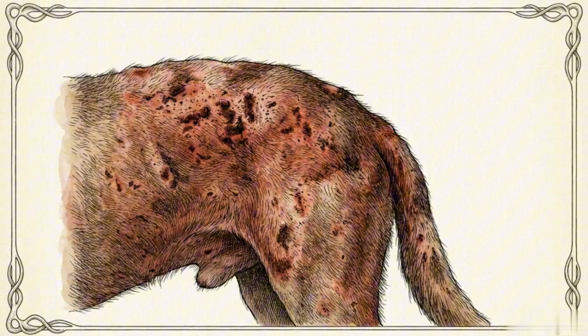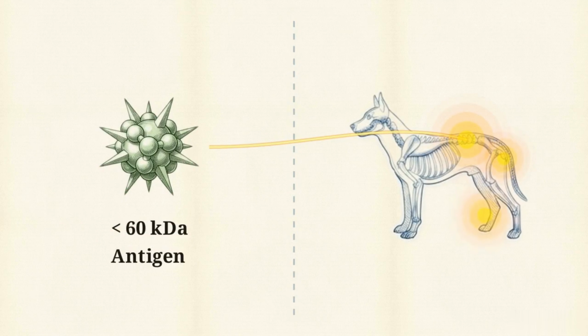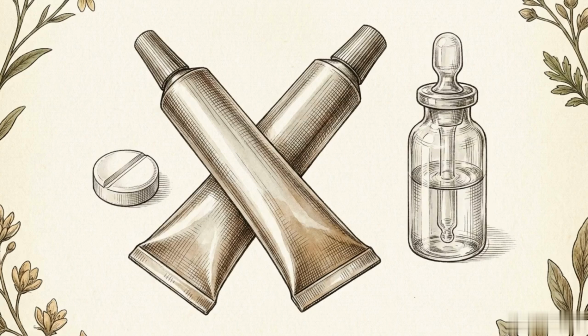We return to the patient at the start of our journey, the severely itchy, alopecic dog. We can now trace the invisible path from that less than 60 kilodalton salivary antigen to the systemic dermatological crisis we see on the skin. Resolution is achieved by moving beyond standard pest control methods and utilizing targeted biochemical pharmacology.